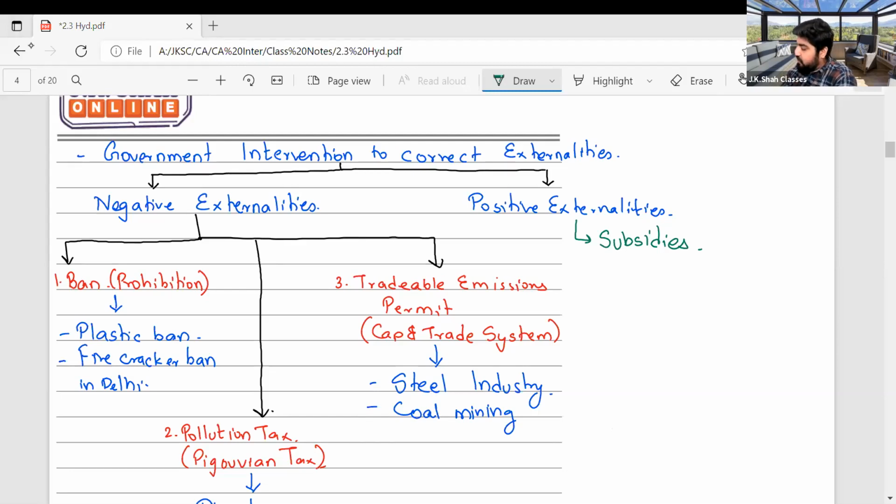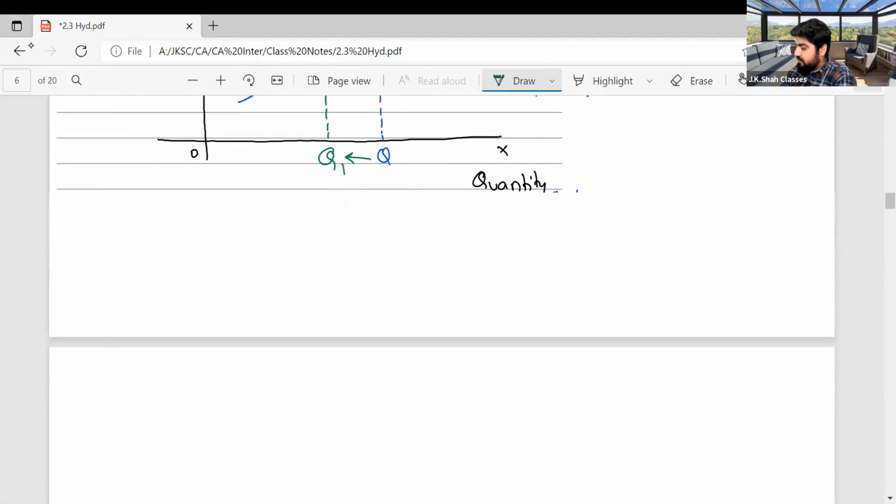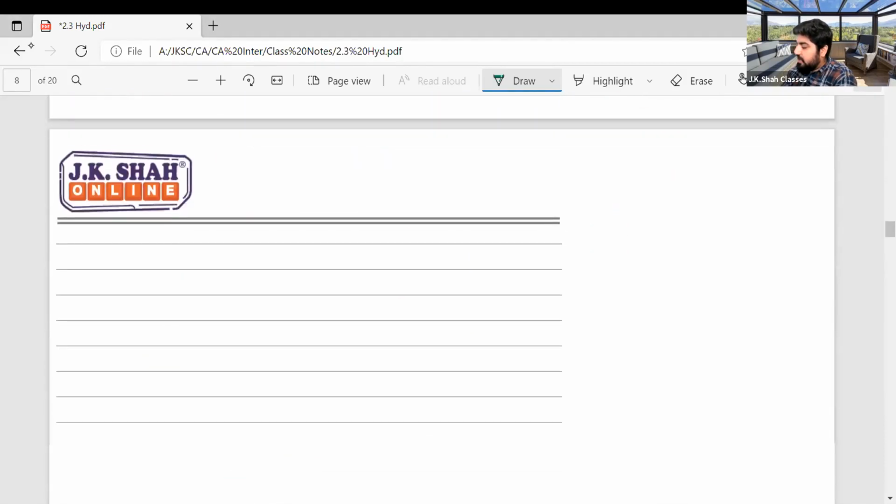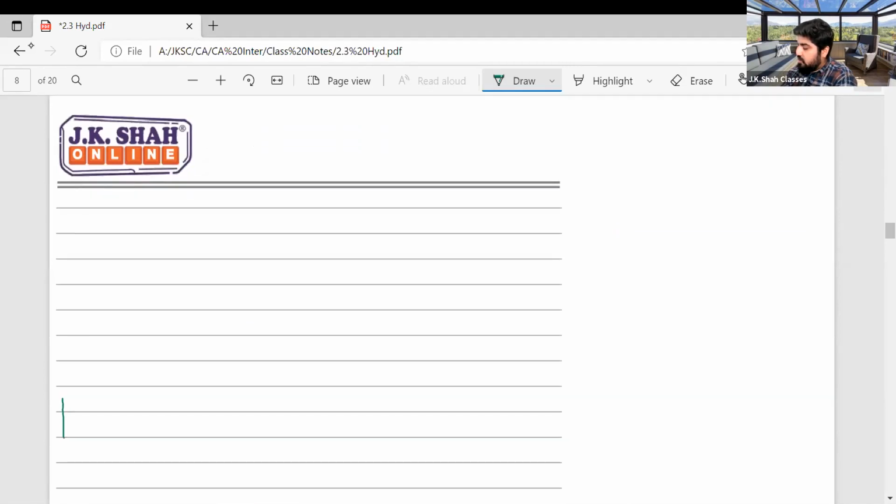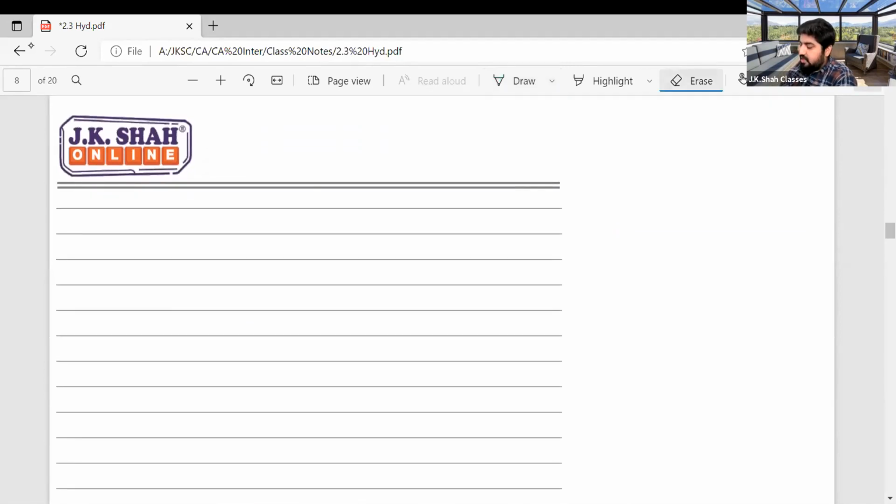Now, when we talk about subsidies, why would the government give subsidies on positive externality? What does the government think? Because the government wants to provide benefit to less number of people or more number of people? More number of people, right? So basically the government is giving subsidies because it wants to increase the social benefit.